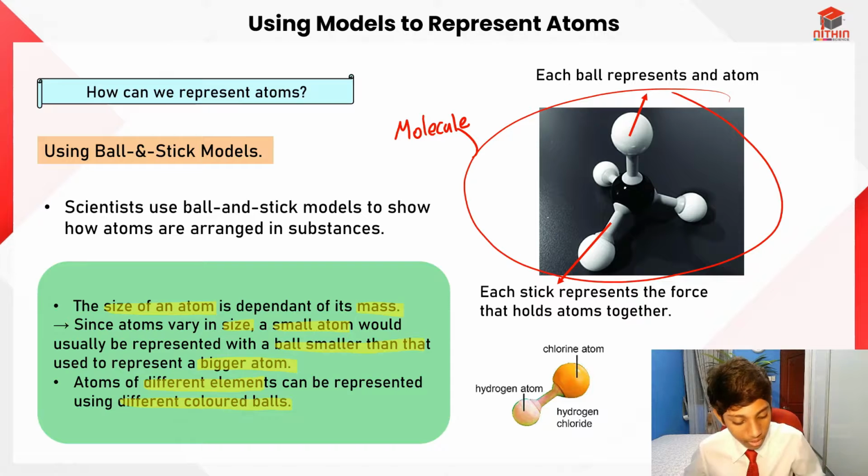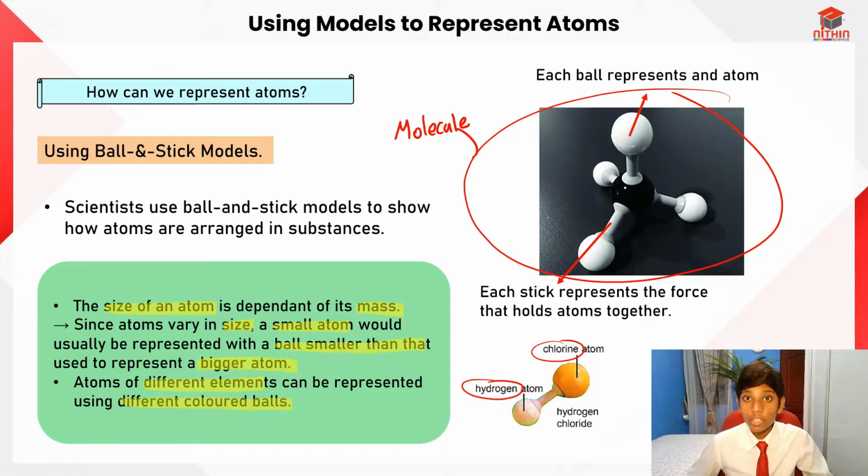This is an example of a ball and stick model as well, with some different sizes of balls and also different colors of balls. Over here we have the example of hydrogen and chlorine atoms. We are drawing the compound hydrogen chloride here.